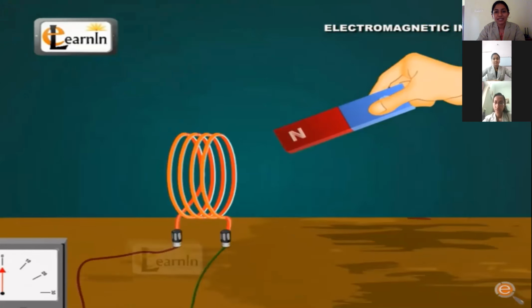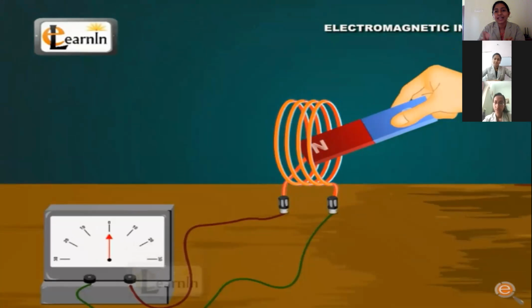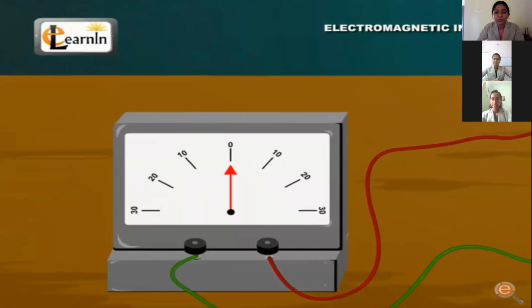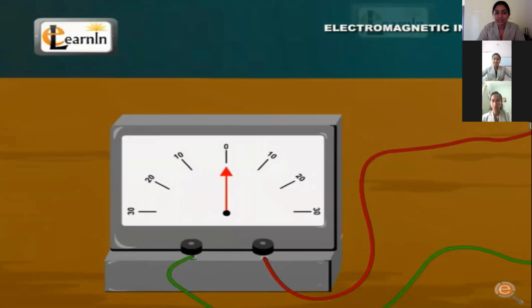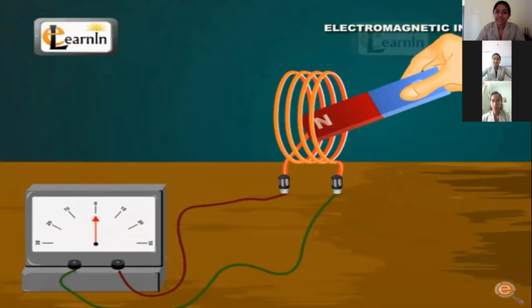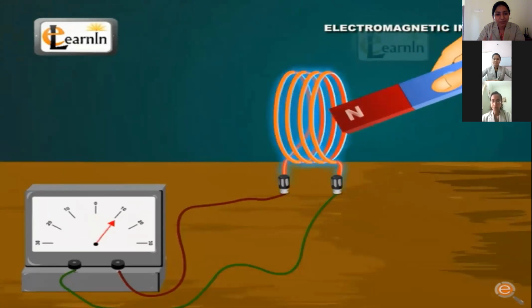They introduce a bar magnet's north pole, and you can see that the galvanometer gets deflected. In a similar way, when they draw the bar magnet backward, the galvanometer deflects again, but in the opposite direction.